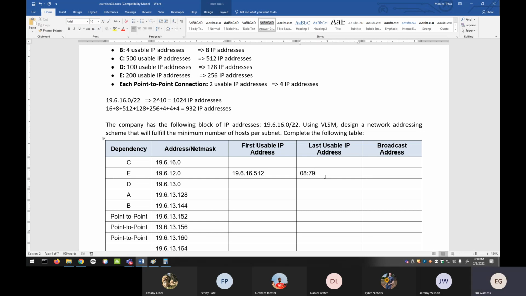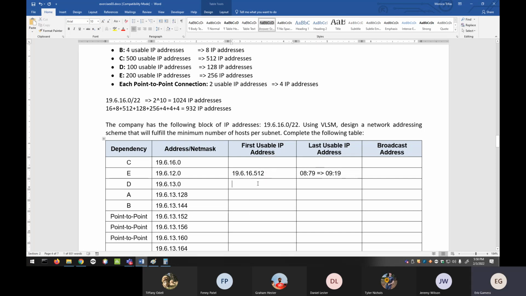If you have to write 879 minutes, what are you going to write? 79 is 60 plus 19, so it will be 9 o'clock, 19 minutes. This is the correct way to write it. We don't write 8 o'clock and 79 minutes. The same thing: we don't write IP addresses like that.